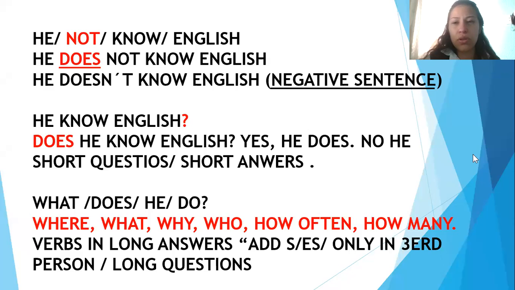Just write all the information in your notebook. You have the keys: in a negative sentence, you have to put does in the middle, between the pronoun and your negative word. Then you have short questions, short answers.